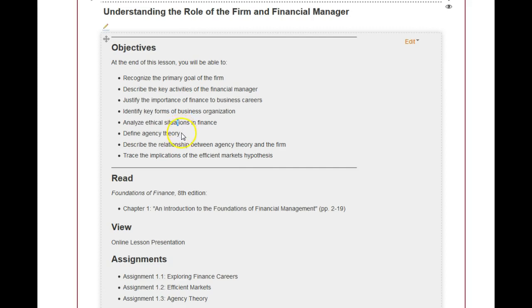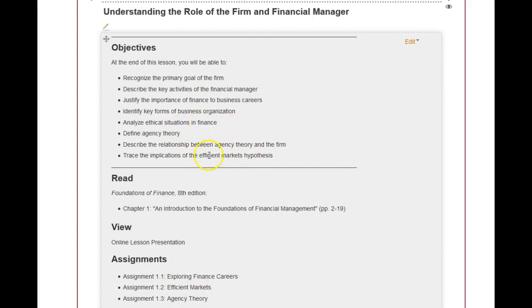Then we have the agency theory, which is when one person is given the right to make a decision for another person, and somewhere in the middle there, the decision that's being made conflicts with the agent's best interests, and there's a dilemma that gets posed there. We will do an activity about that one also.